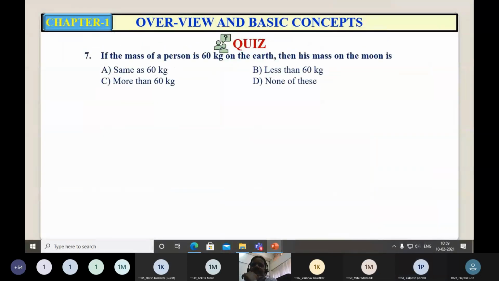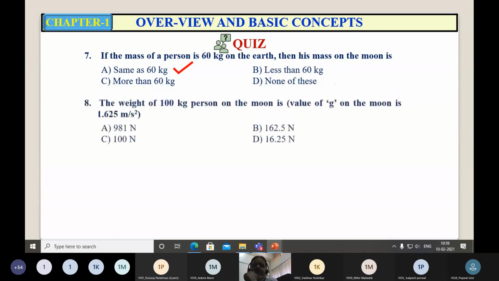Then if the mass of a person is 60 kg on the Earth, then his mass on the Moon is the same, 60, because it is independent of gravity. It remains constant. What is the weight of a 100 kg person on the Moon, if g on the Moon is 1.625 meters per second square?